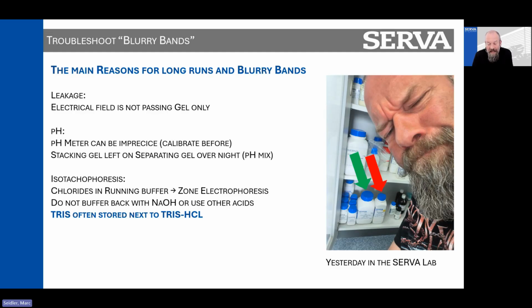I made the picture yesterday with my phone. So yes, it's true. We also store them next to each other, so take a last look before you measure it. Is it really the tris base or is it the tris HCl?